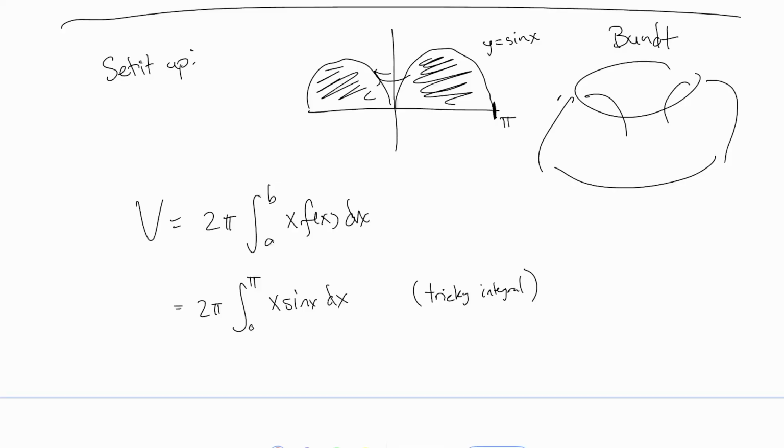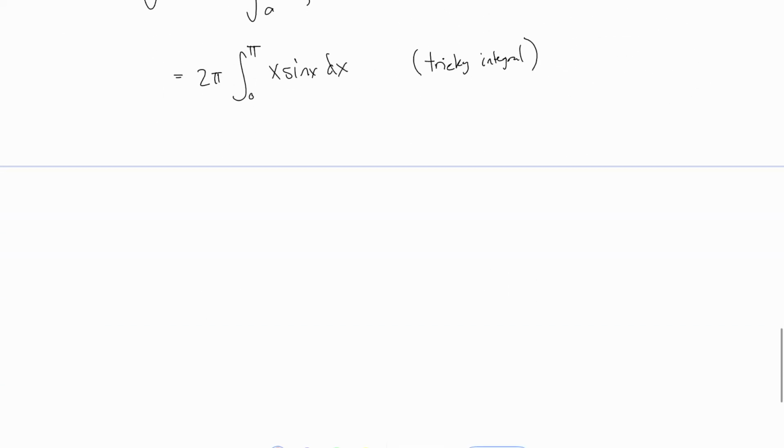All right, I got one for you all to try. How about the shells? Find the volume. This is going to be a part of a circle, like a 1/4 of a circle, right?